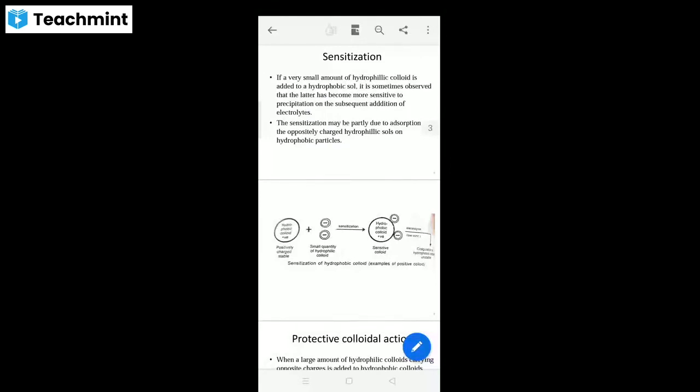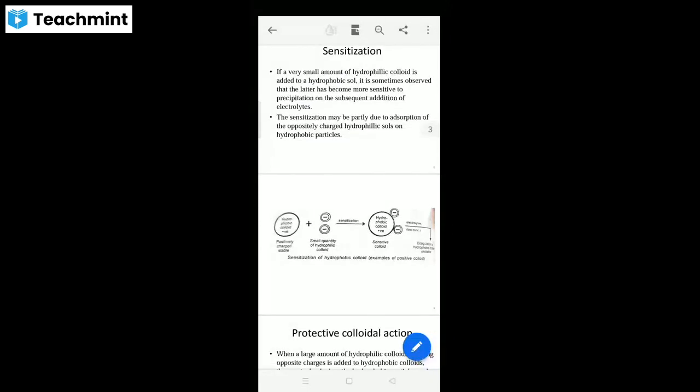This sensitivity is towards the lyophilic colloid, of the lyophobic colloid, the lyophobic particle. In a simple manner, one is the sensitivity of lyophobic particles towards the lyophilic particles. The second one is the sensitivity of the lyophobic particle towards the electrolytic ions. So these are the two phases of sensitivity that we need to understand to get things properly.